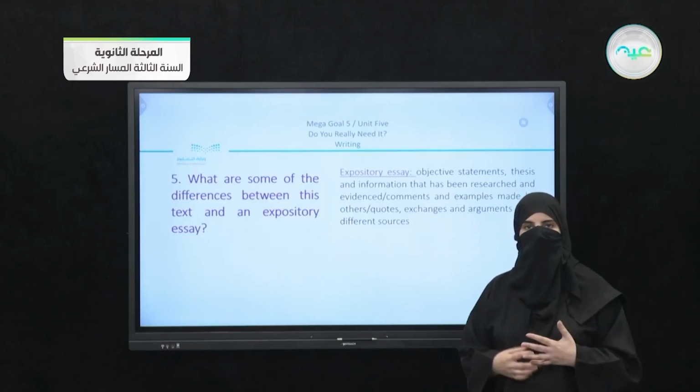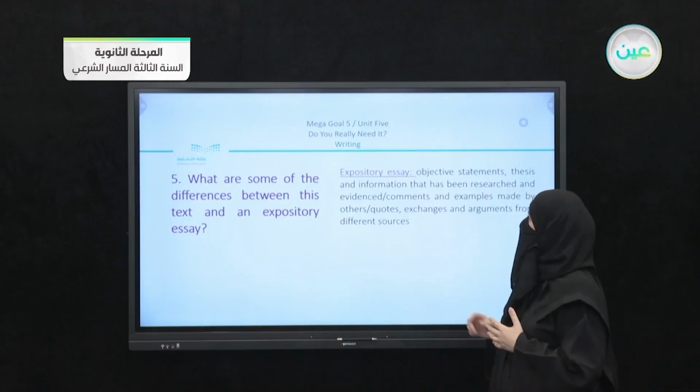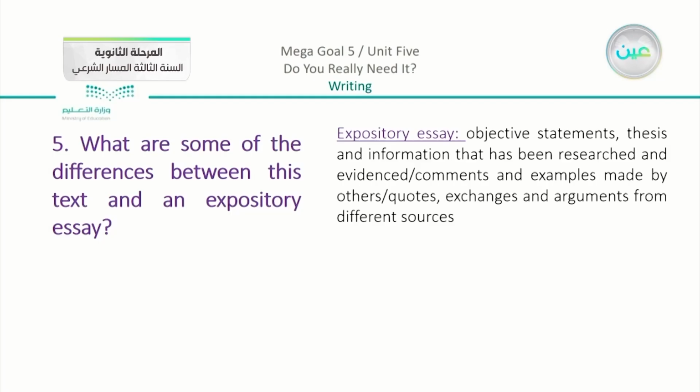So what is an expository essay? We read yesterday that it has objective statements, a thesis, and information that has been researched and evidenced, comments and examples made by others, quotes, exchanges, and arguments from different sources. So this is the expository.